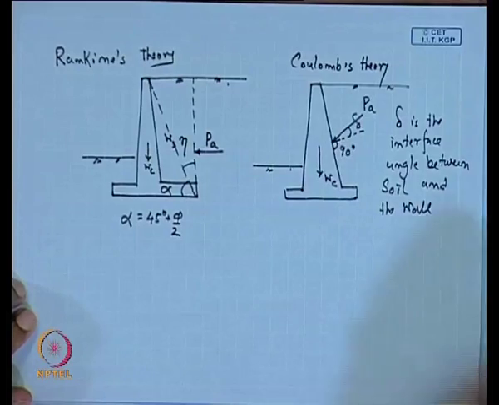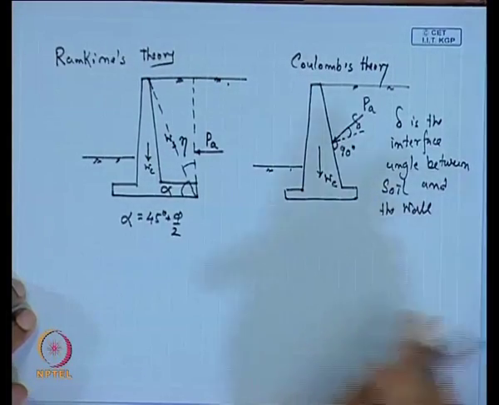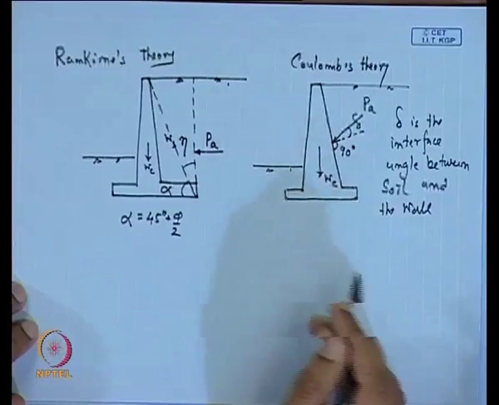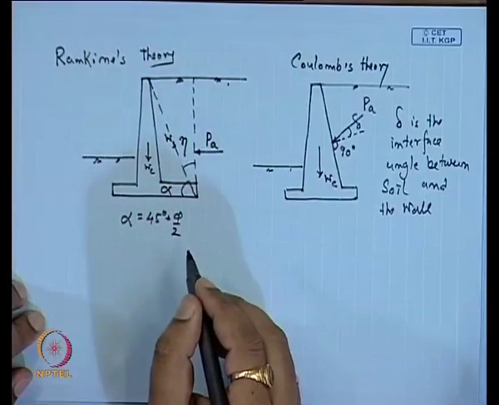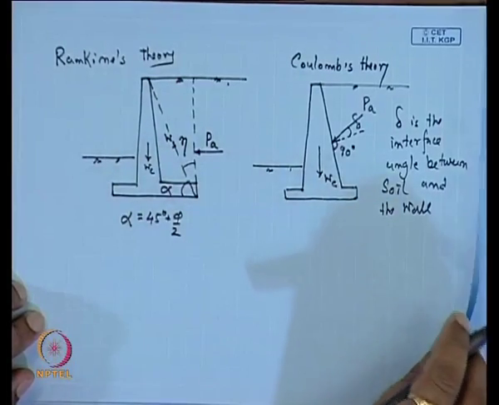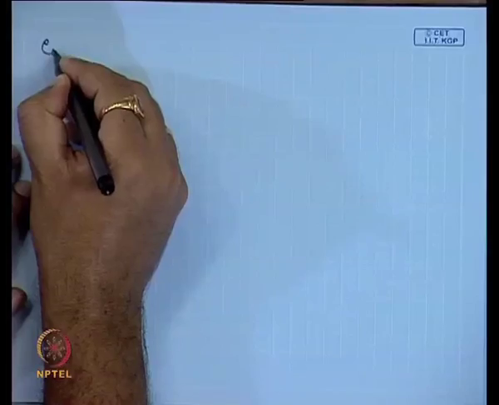Now, next, for the gravity retaining wall we have discussed different types of loading condition. For the semi gravity retaining wall, the base width is slightly smaller as compared to the gravity one, and the rest of the design process is the same. Now, next we will go for the cantilever retaining wall design.